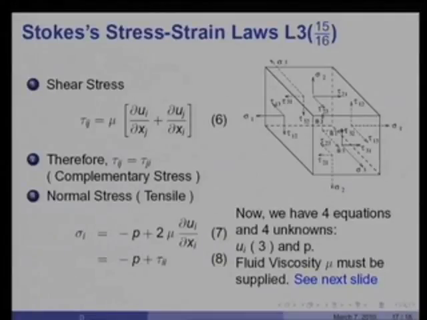We are very lucky. It's an accident of history, if you like, or accident of nature, that viscosity has turned out to be a property of the fluid. And not surprisingly, because it is essentially trying to capture the information lost during statistical averaging of molecular motions. So we must supply to the equations now the value of viscosity.